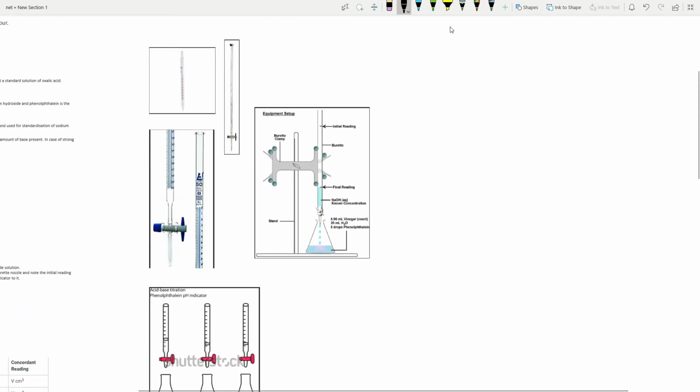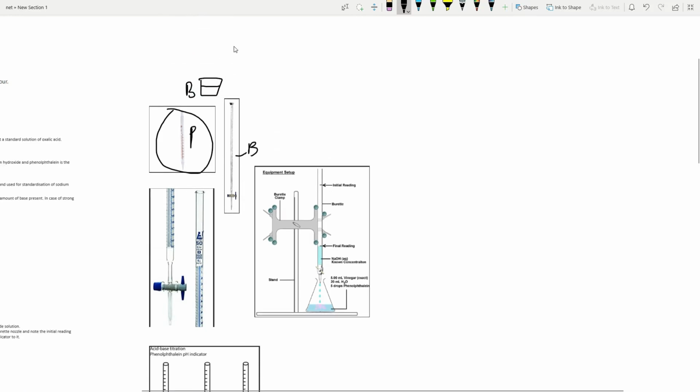In titration a lot of apparatus are used, so don't be confused. The longer tube-like structure is the burette, and the small tube is the pipette. Solution B, which you will be given in a beaker, you are going to pipette out.